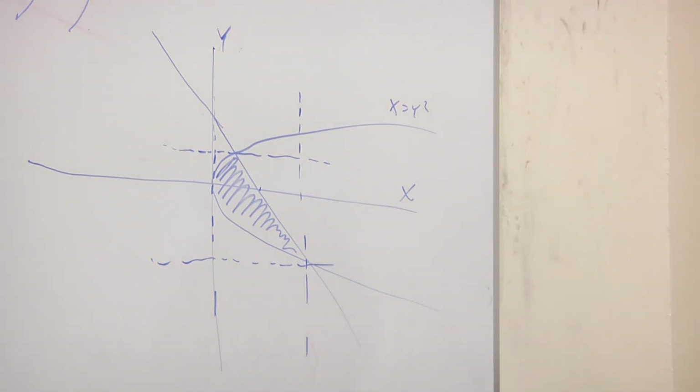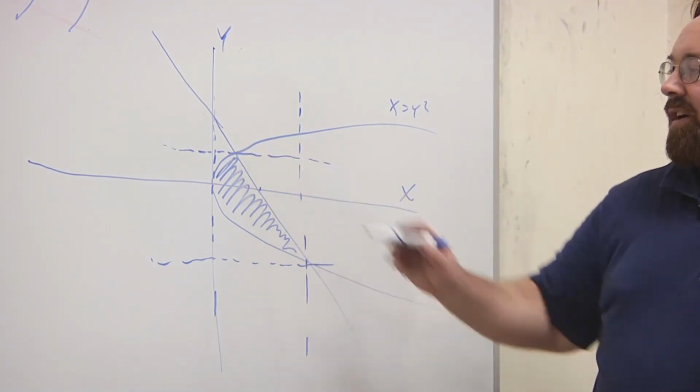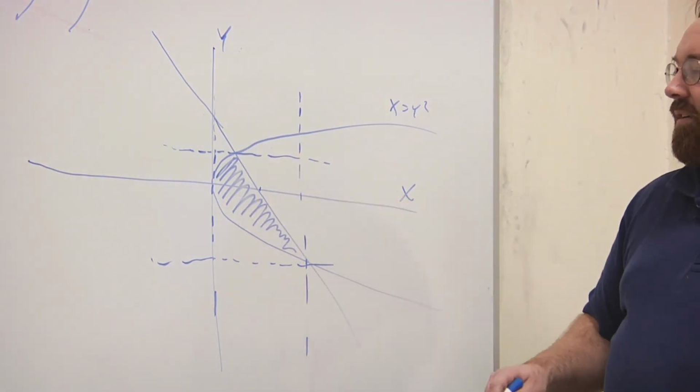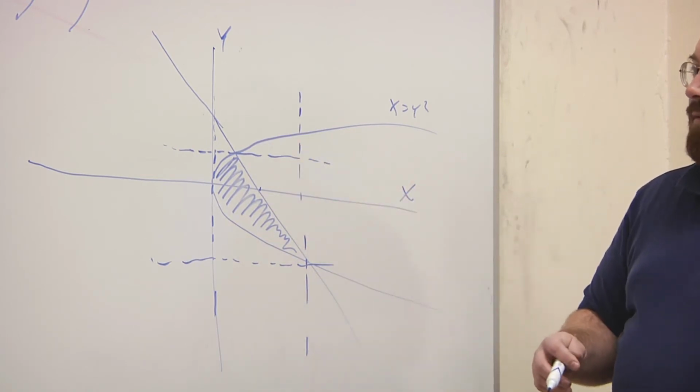So whichever choice you make, for instance, if you choose your outermost limits to be in y, y is going to go from here to here, and then you've got to figure out functions of y, x being functions of y, to see what the limits for x should be.